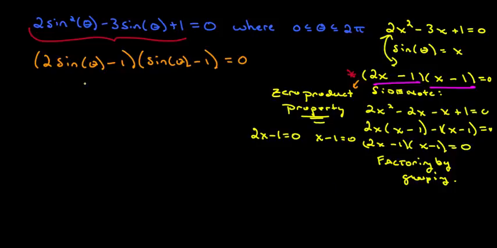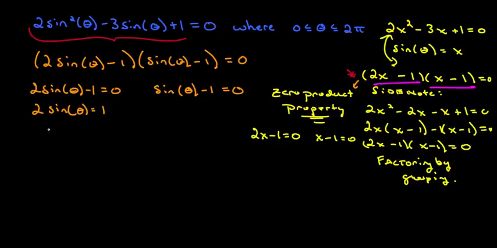So over here our solutions are 2 sine theta minus 1 is equal to 0, or sine theta minus 1 is equal to 0. Now we solve it just like you would over here. I'm going to move the 1 over, so 2 sine theta is equal to 1, so sine theta is equal to a half. And over here I get sine theta is equal to 1.